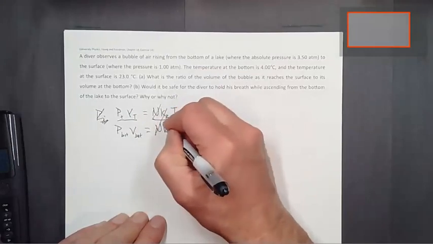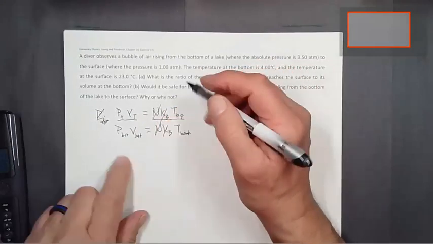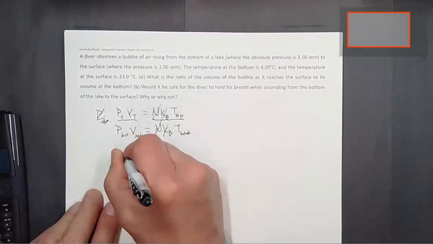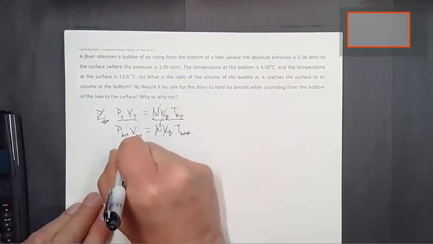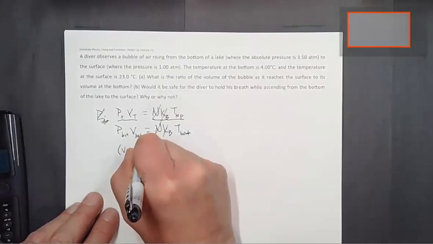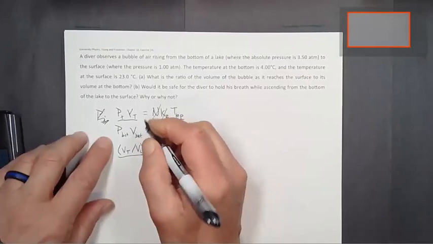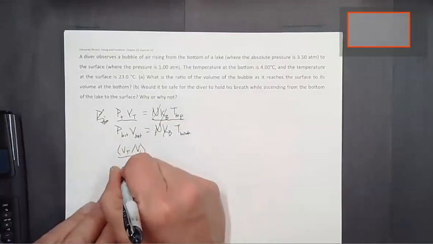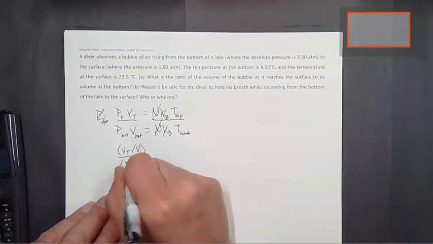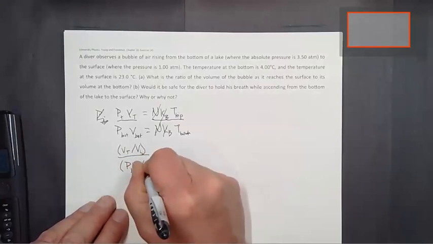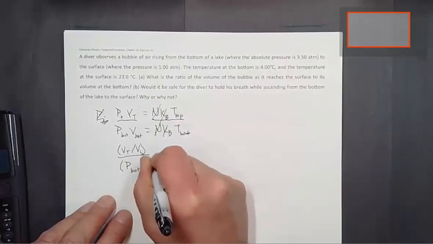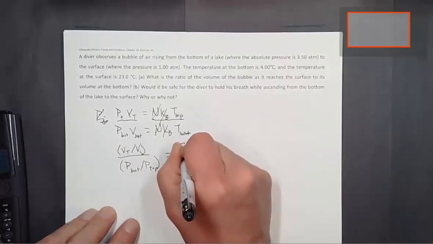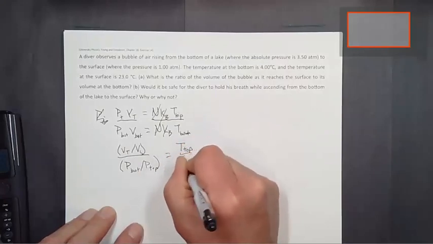What I get is, let's see, I'm going to regroup things here: the volume at the top divided by the volume at the bottom, divided by the pressure at the bottom, divided by the pressure at the top. Make sure you can follow that. And that'll equal the temperature at the top divided by the temperature at the bottom.